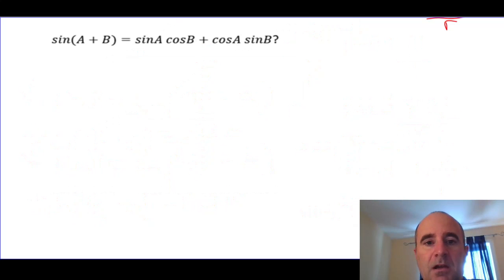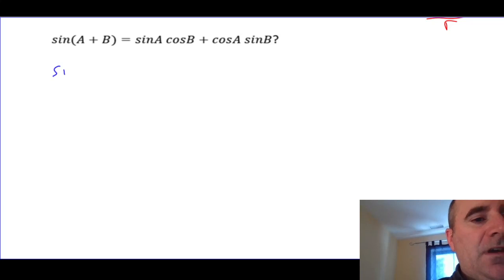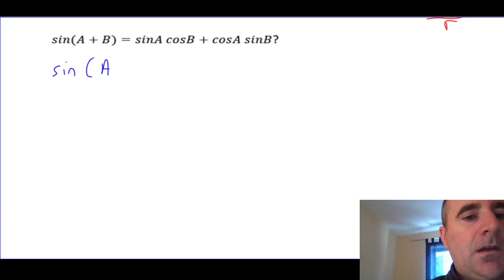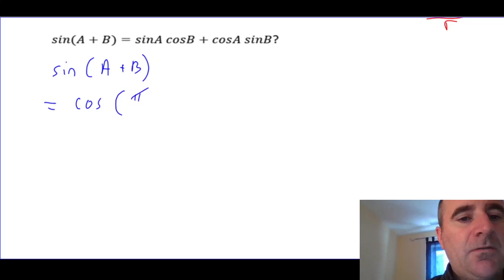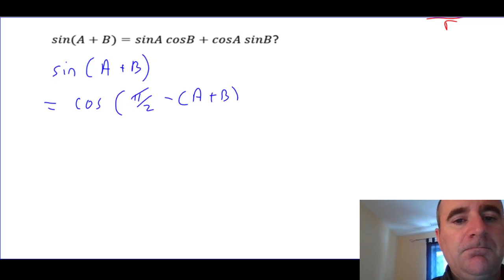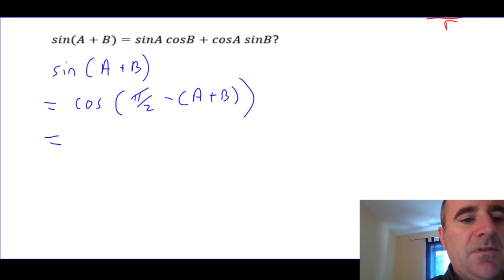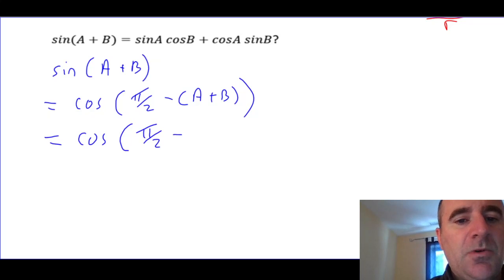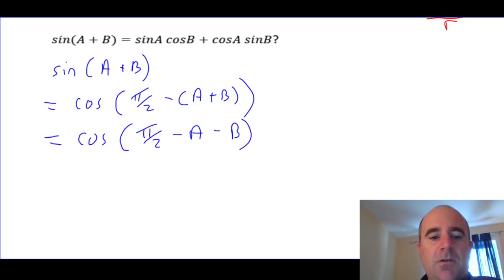Well, looking back at the identity that we're trying to prove, I can take the sine of A plus B, and I can say that that is the same as finding the cosine of pi over 2 take away A plus B, which I can simplify to the cosine of pi over 2 take away A, take away B. What do I do next?